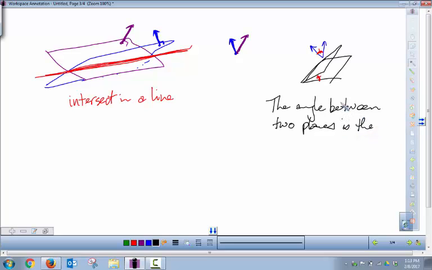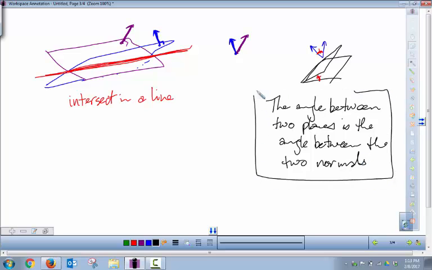So it's the same as the angle between the normals. The dot product will help us find this. This doesn't help too much in finding the intersection that we're looking for, but it's a nice find.